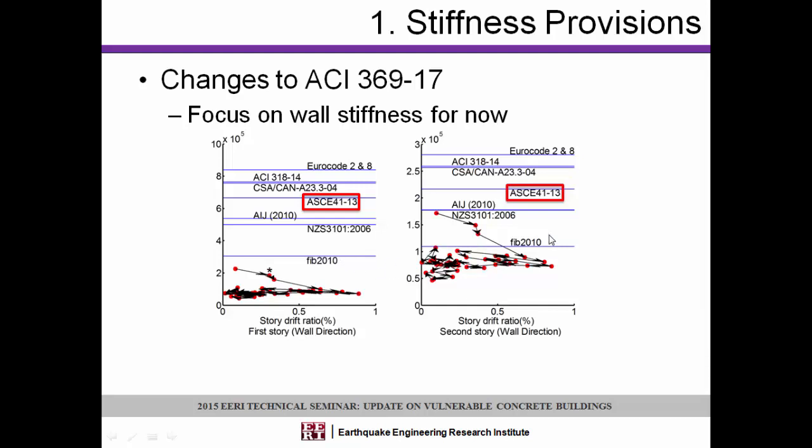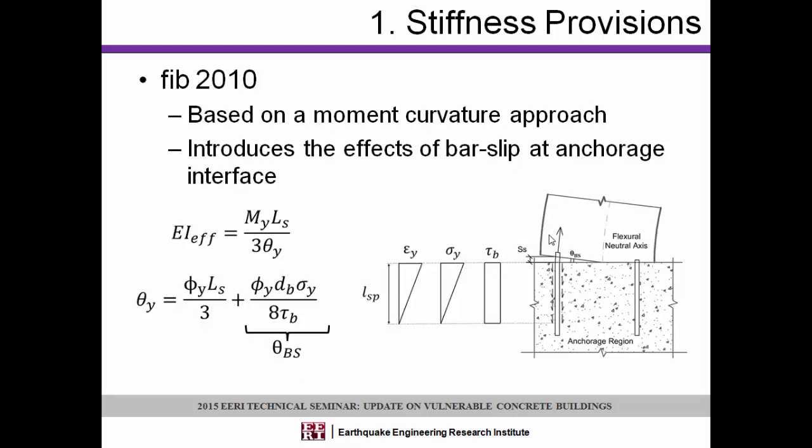Why was FIB doing so well? And that's really started us thinking, where do we go from here, and how can we improve what we have in ASCE 41? And the way I looked at it, well, FIB is based on a moment curvature approach. And it also introduces the effect of bar slip at the interface explicitly.